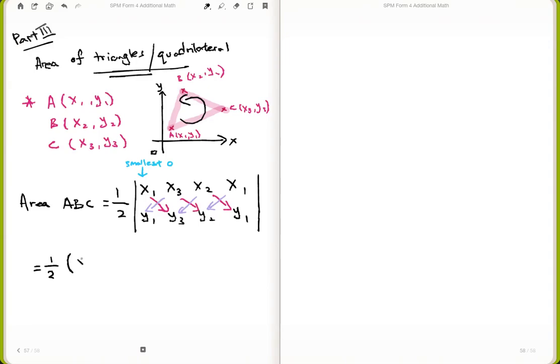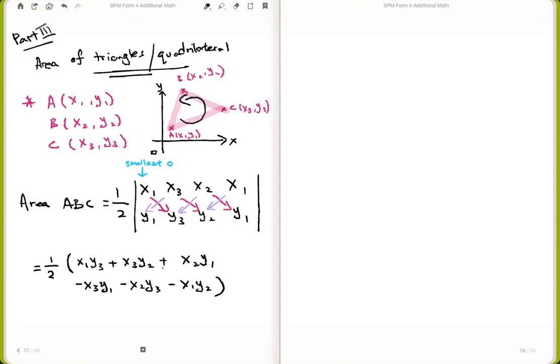That will be x1 y3 plus x3 y2 plus x2 y1. I'm sure you have learned this in your modern maths. The one to the left, that will be subtract x3 y1, subtract x2 y3, subtract x1 y2.